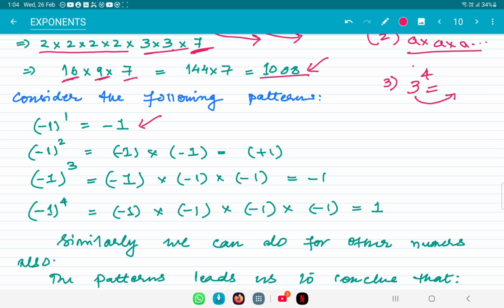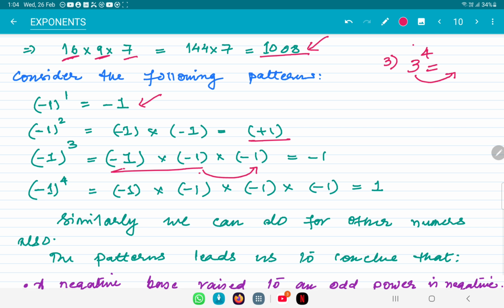When minus 1 is multiplied 2 times, minus 1 into minus 1 is plus 1. Minus 1 multiplied 3 times gives minus 1 into minus 1 into minus 1: minus into minus is plus, and plus into minus is minus, so the final answer will be minus 1.